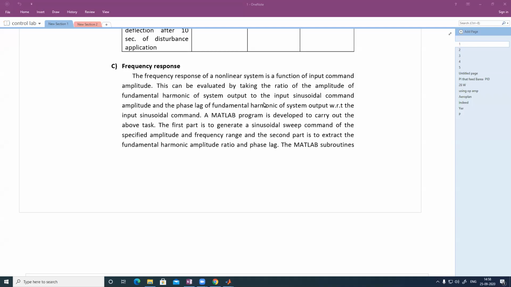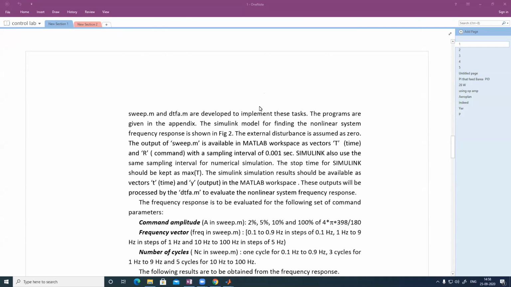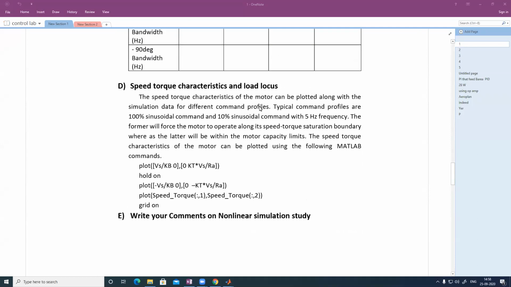So today we are doing the third part and fourth part. The fourth part is speed torque characteristics and load locus. Speed torque characteristics means speed versus torque.